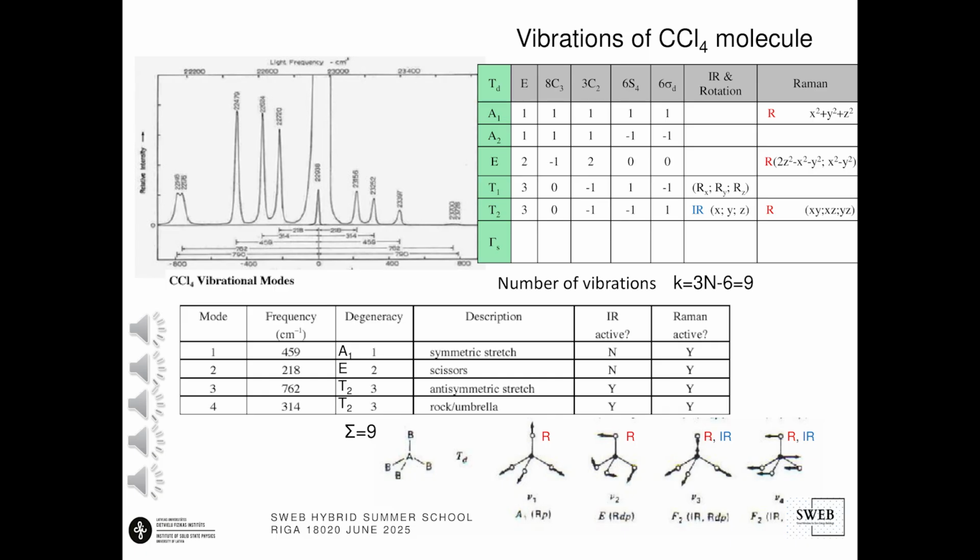The symmetry of a molecule also determines the vibrational activity in Raman and infrared spectra. As can be seen in the table, all oscillations are active in Raman spectra, but only T2 modes are active in infrared spectra.